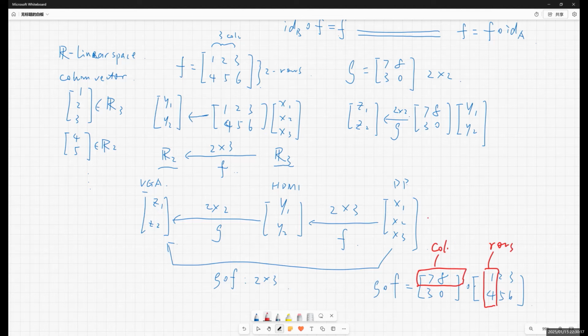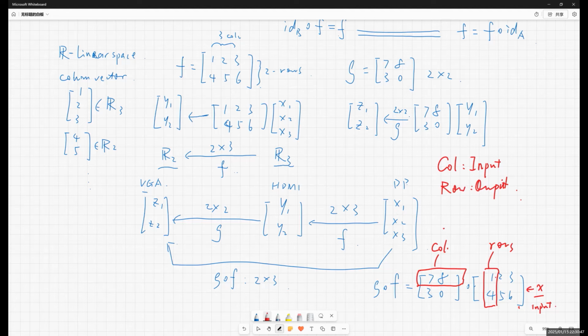because the columns of a matrix essentially is the input, and the rows are the output. So from here, we have X input. The X is 3-dimensional.